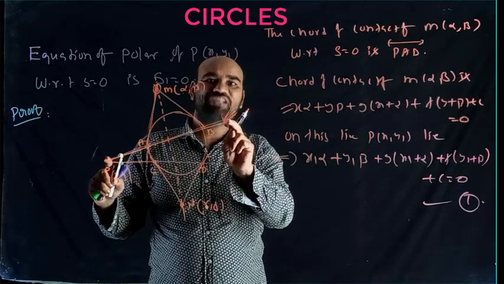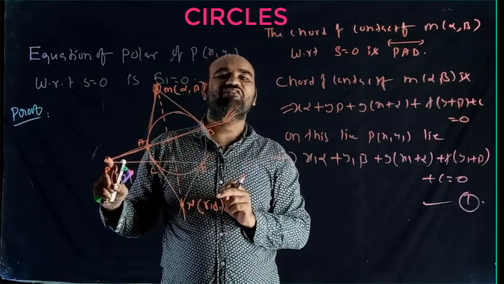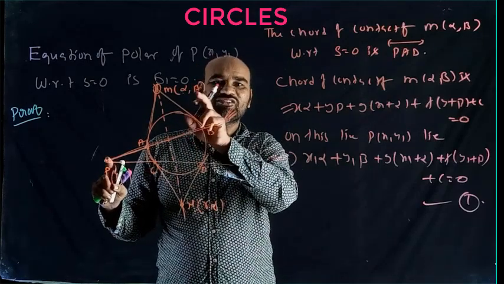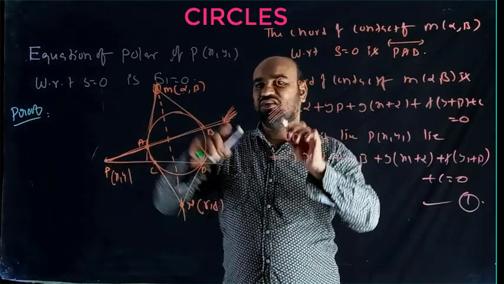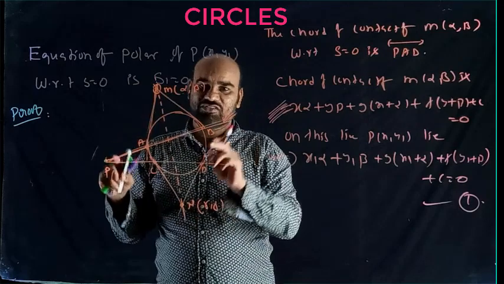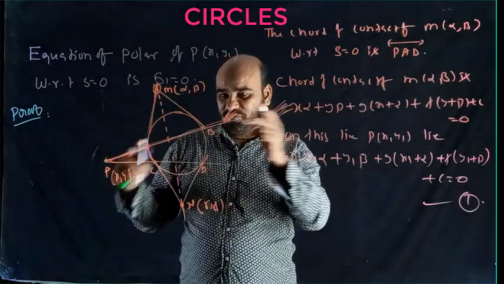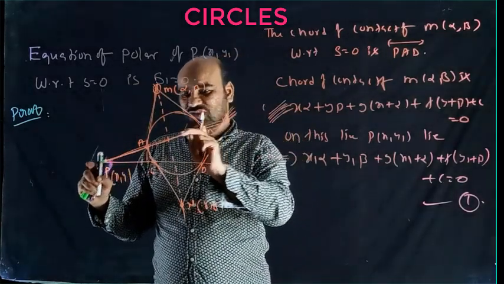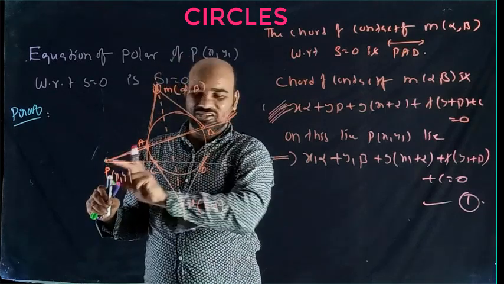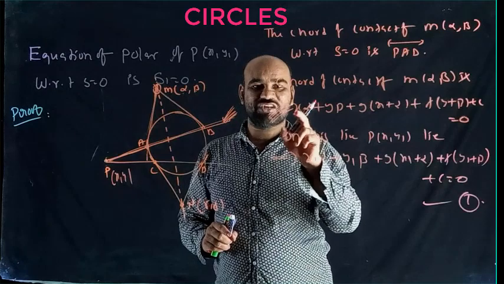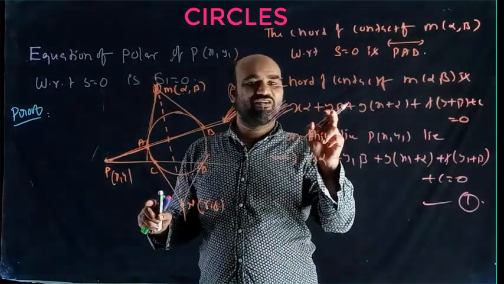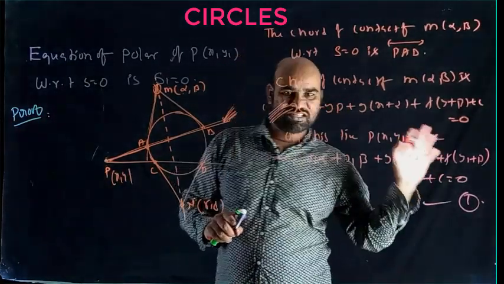This line's equation is nothing but S1 = 0, where x1 stands for alpha and y1 stands for beta. That's why this is the equation of the chord of contact of M with respect to this circle. This line passes through B, A, and P also. So the point P should satisfy this algebraic condition. That's why instead of x I wrote x1, instead of y I wrote y1. I got one result, which is taken as equation 1.